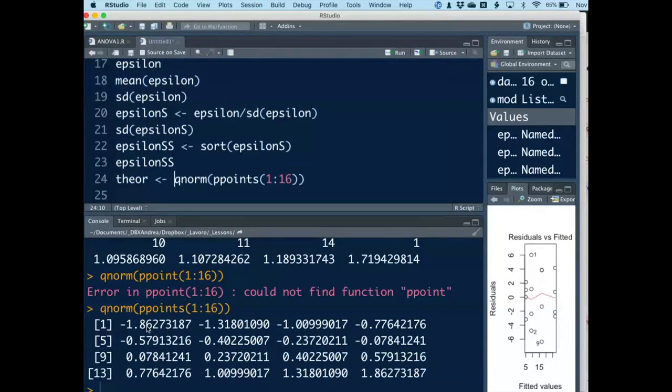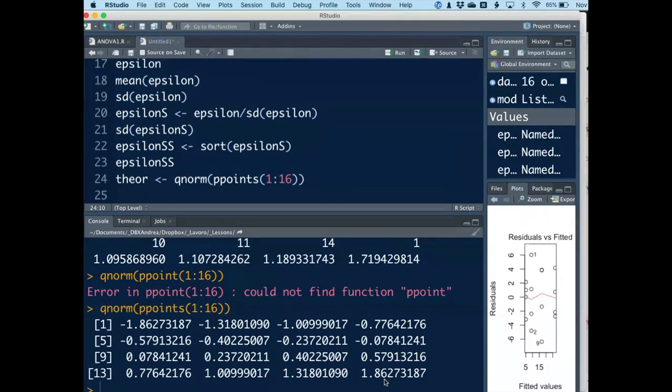They are symmetric. The lowest one is minus 1.86, and the uppermost one is 1.86. So the distribution is symmetric, and that's the Gaussian distribution, which is symmetric.